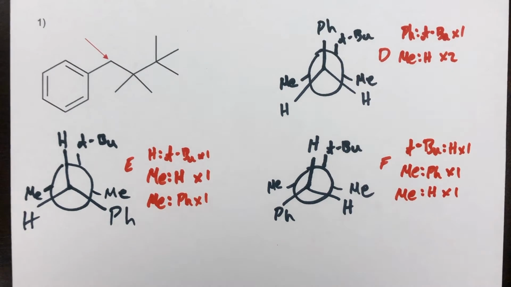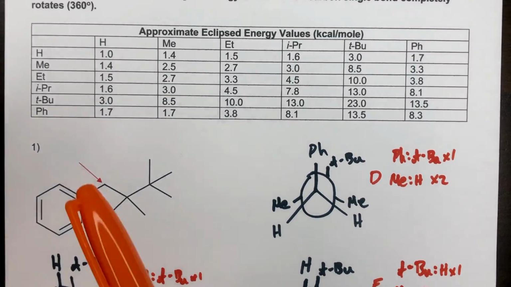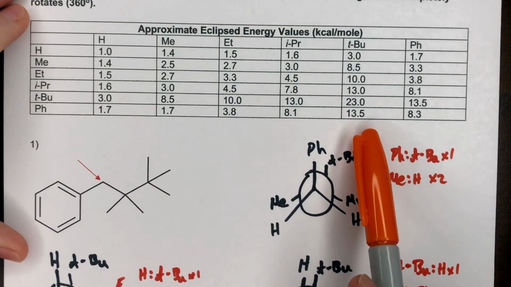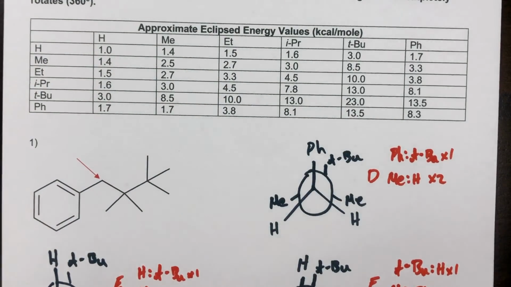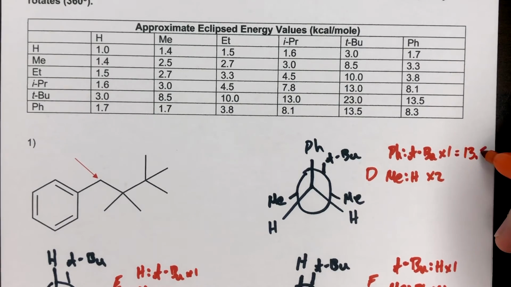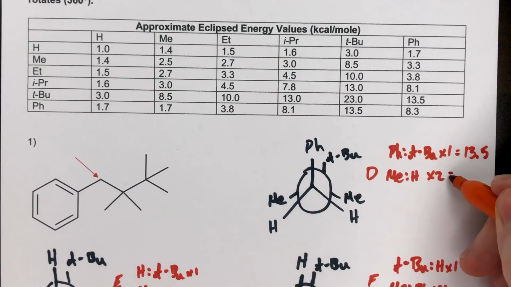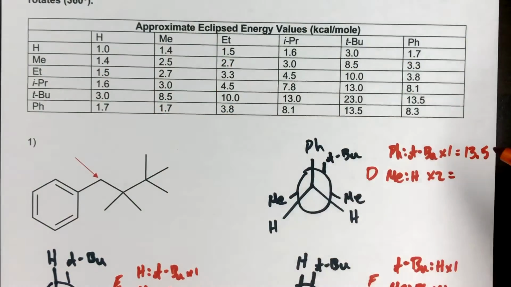Okay, now let's figure out what these energies are. So our phenyl T-butyl is up first in D. So a phenyl T-butyl, that is 13.5. So here you clearly see the huge difference between the eclipsed versions and the staggered conformations. So a methyl hydrogen, that's 1.4.